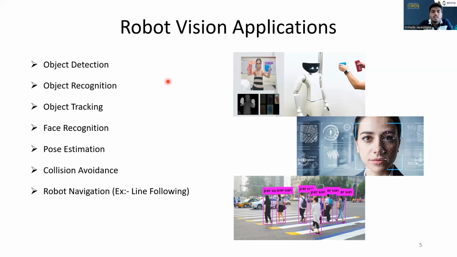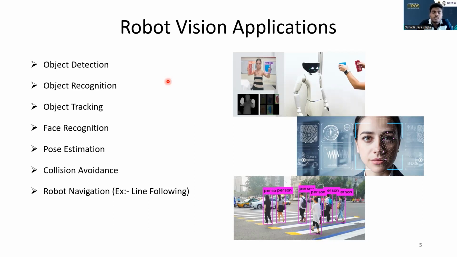Each of these tasks tries to do something with the input video stream that they get. For example, object detection means it tries to identify different objects present in that video frame. Object tracking means going one step further: with time, it will try to not just detect the objects, but track how they move from one frame to the other.